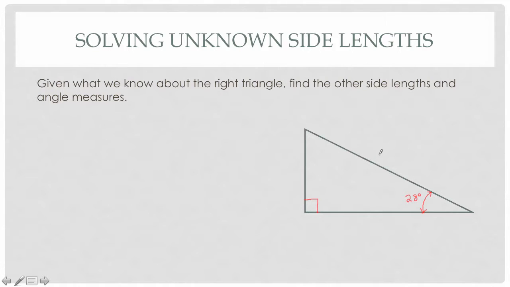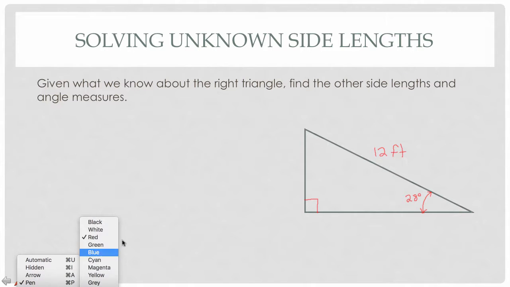And let's say the hypotenuse has a side of 12 feet. We'll give some units. Let's find out what are all the other sides and angles based on our trigonometry. So we only know 28 degrees, it's a right triangle, the hypotenuse is 12 feet. Let's find all the other sides.